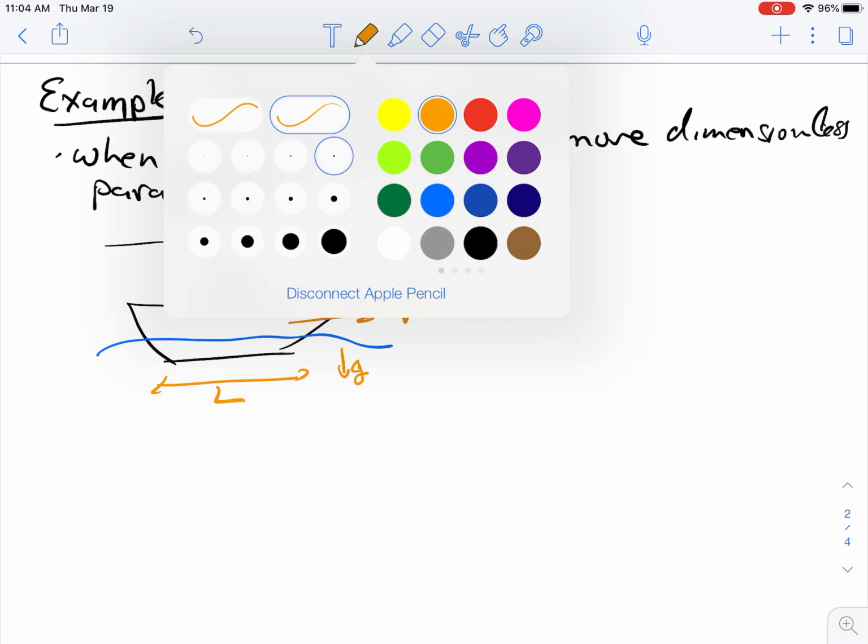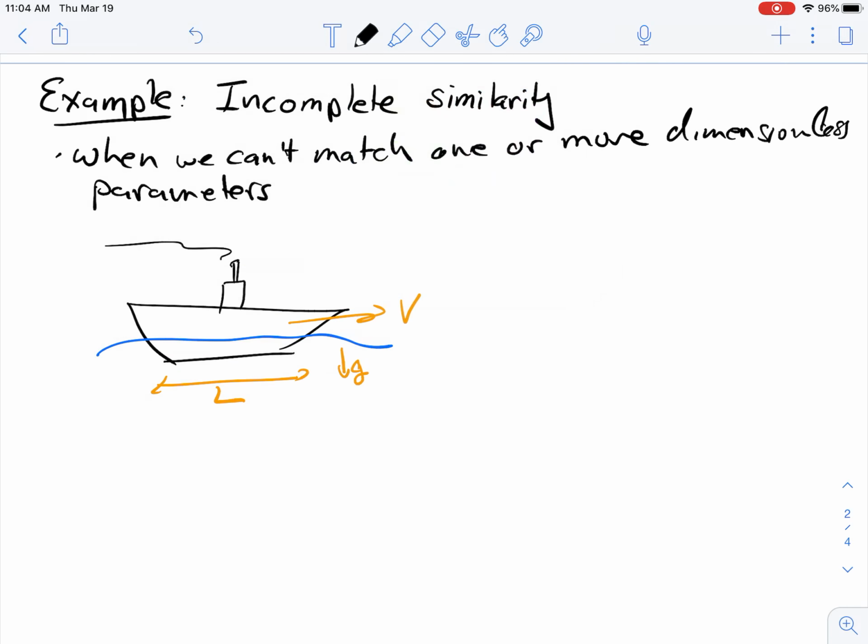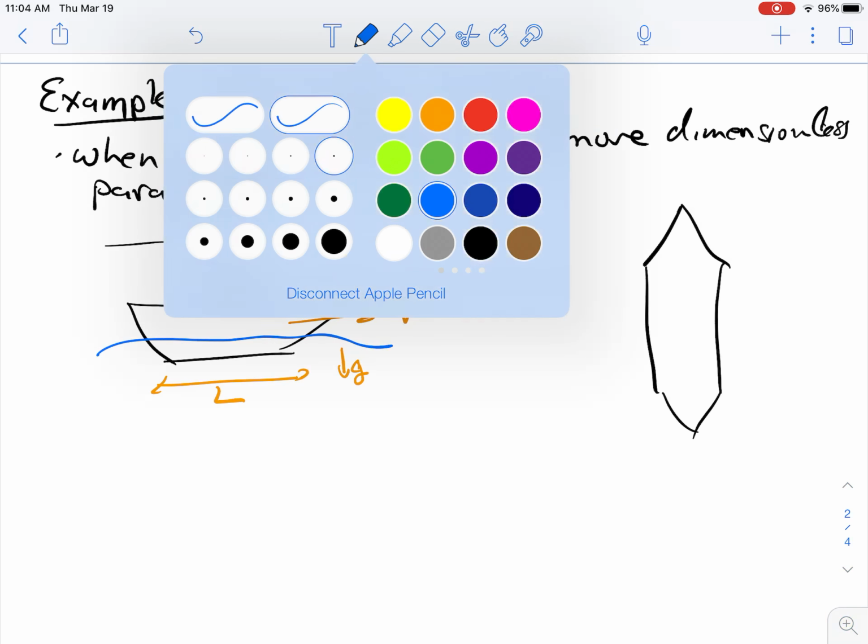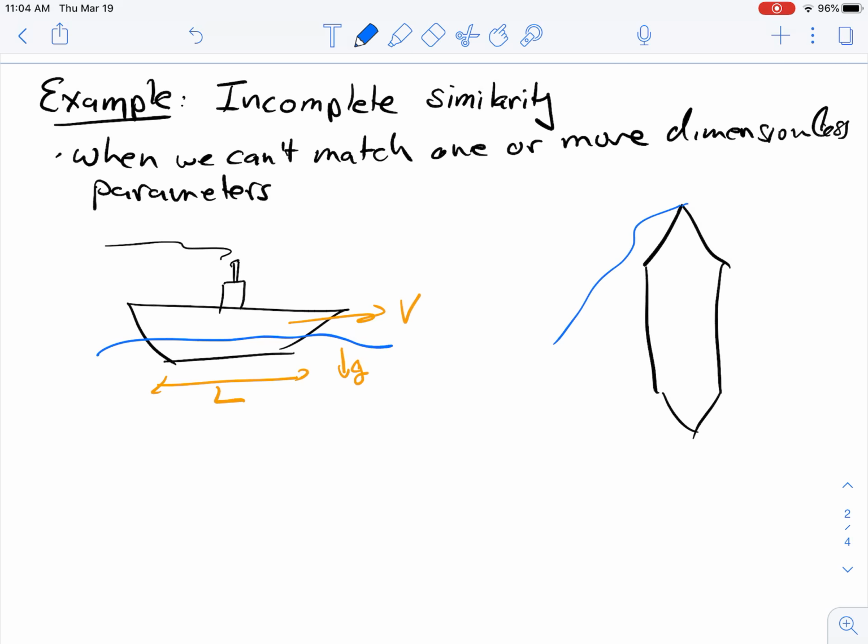If we look at the boat from a plan view, maybe the boat looks something like this, and then you have these bow waves that come off, and these waves are acting against the motion of the boat. And these waves are leading to what we're going to call wave drag. So it's a relatively important phenomenon. And so, as I said before, you're going to have wave drag, and then we'll also have skin friction.